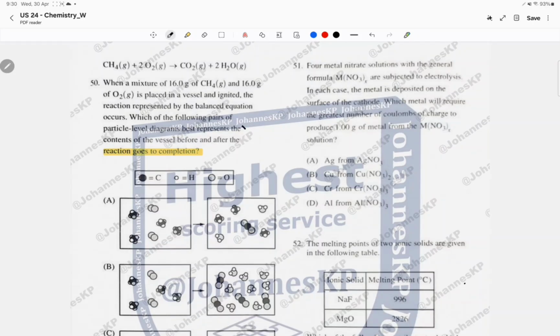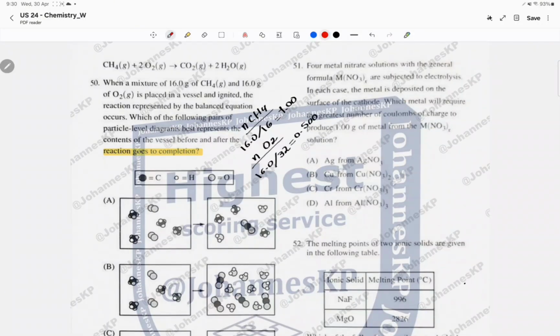So let's find the mole of CH4, which is to divide the mass by the molar mass, and you would get a 1. Let's also find the mole of O2, which is to divide the mass by the molar mass. You would get a half.